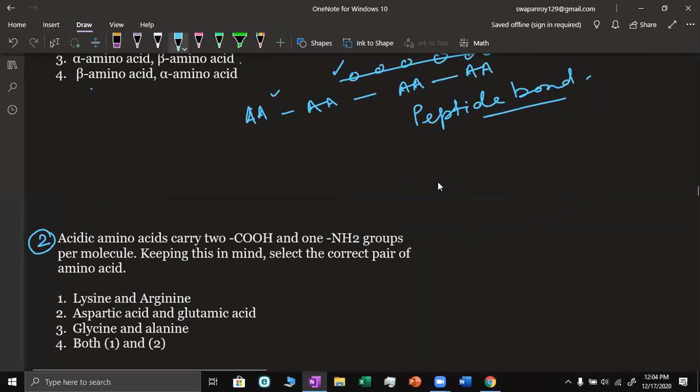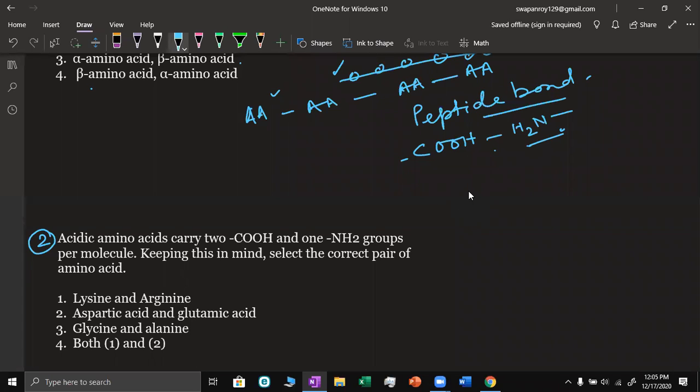The carboxyl group of one amino acid and the NH2, this is the amino group of the next amino acid, they join together and form the peptide bond.